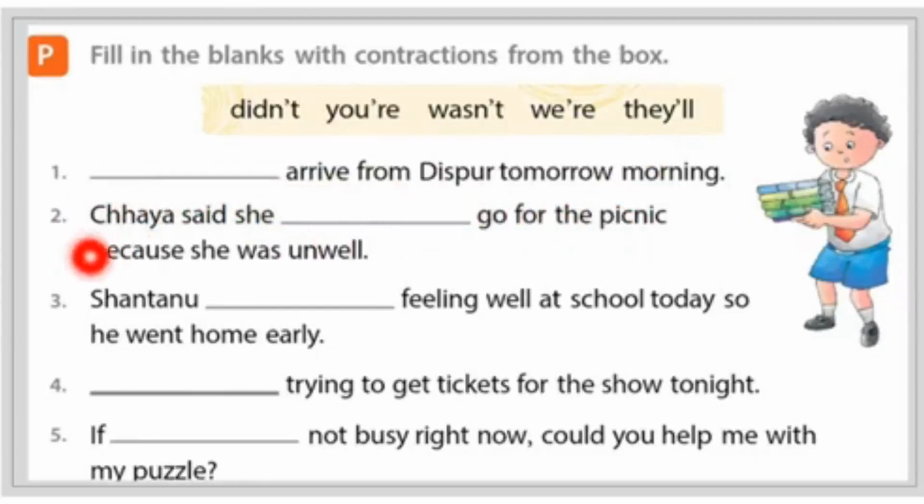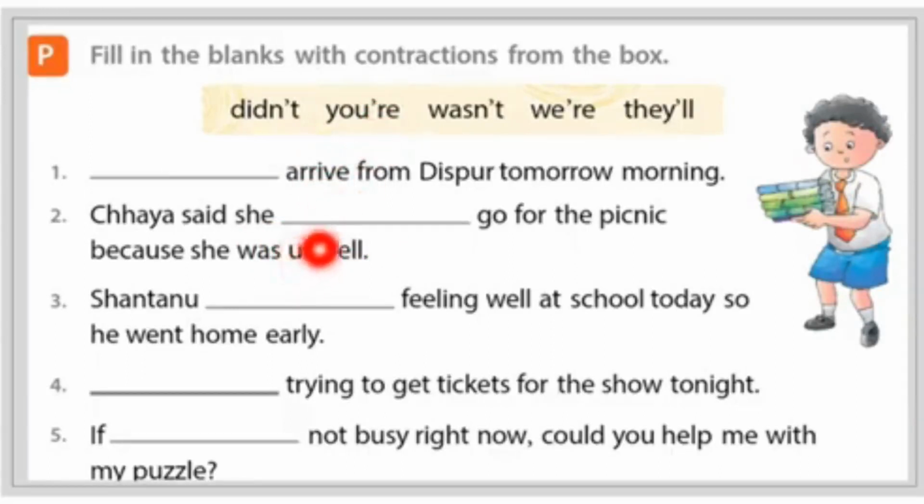Now let's see the second sentence. Chaya said she dash go for the picnic because she was unwell. Chaya said, "she" is actually a singular one, so the verb will also be a singular one. So which will be the most suitable for the word "she"? She didn't, she you're? Will you use "she you're"?